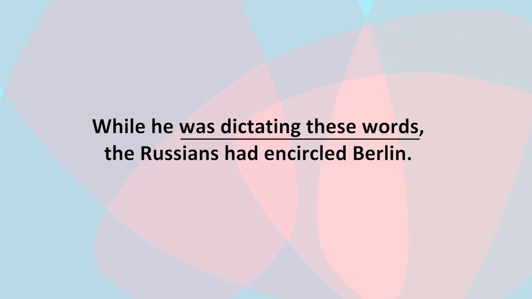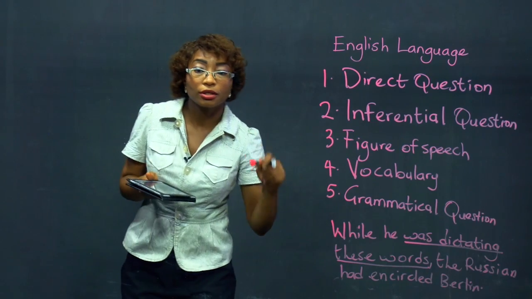While he was dictating these words. Was dictating, those are verbs. And then it has the subject, he. A subject that is being referred to. While he was dictating these words, the Russians had encircled Berlin.